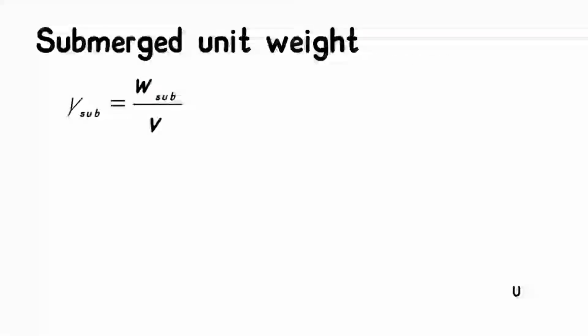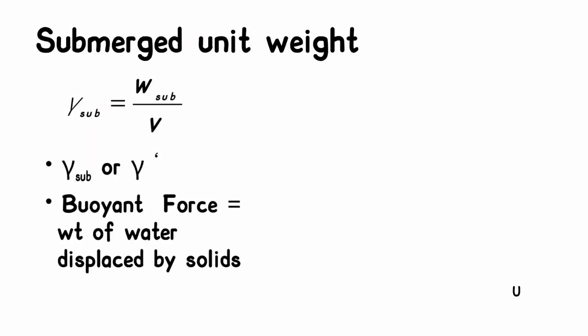Now you have another term, the submerged unit weight. Submerged unit weight is given by gamma sub equal to W sub divided by V. Now W sub is the submerged weight of the soil mass. Gamma sub is also denoted as gamma dash.